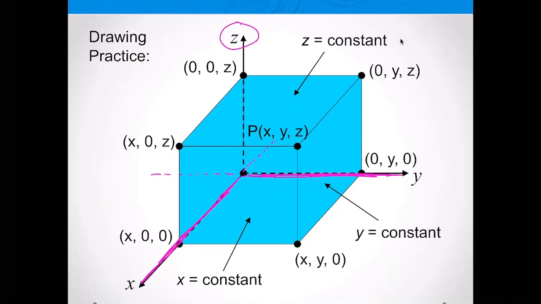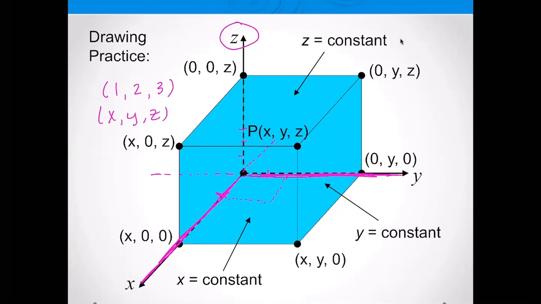So when you're plotting points, say I wanted to plot the point 1, 2, 3. So really this is plotting x, y, and z. You would go out 1 on your x, then you would go 2 on your y. So if you think of this, you're creating a box here, but then you have to go up 3 on your z. So 1, 2, 3.